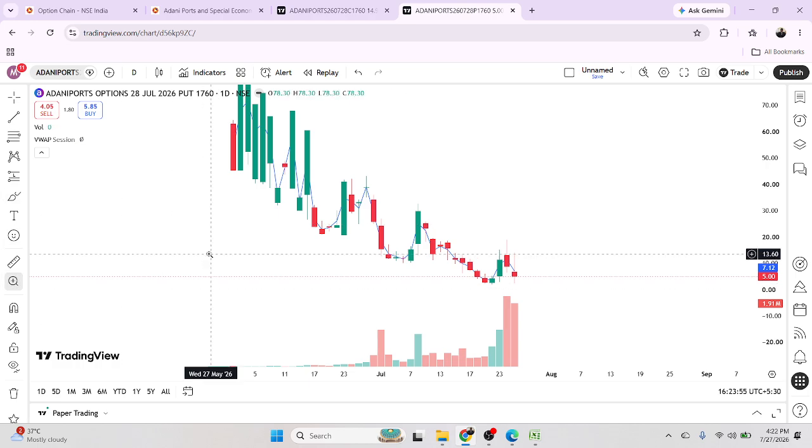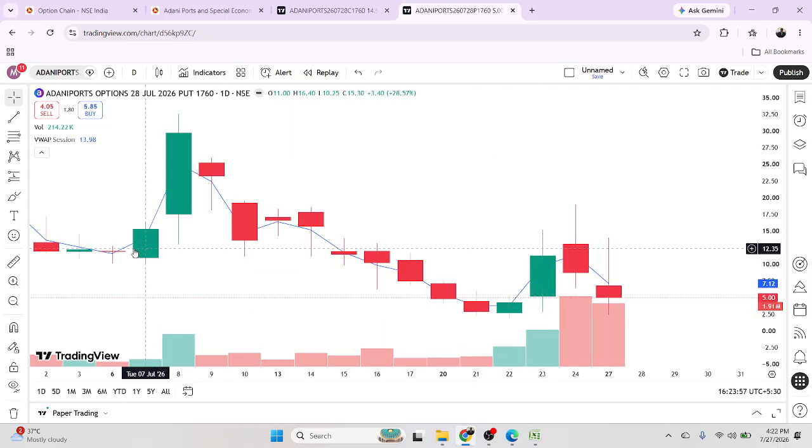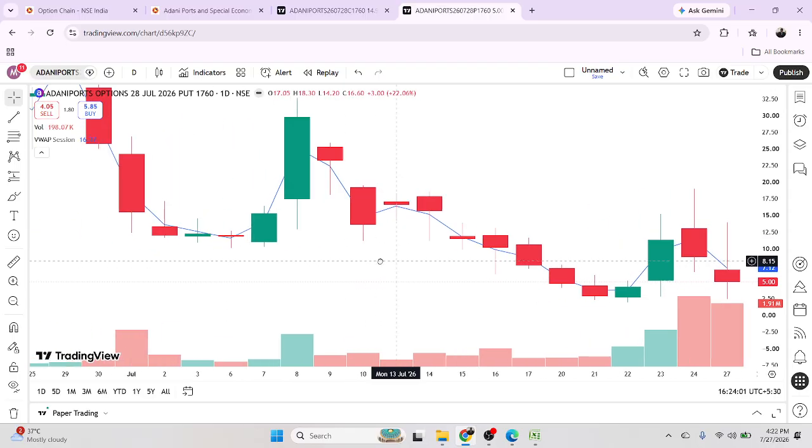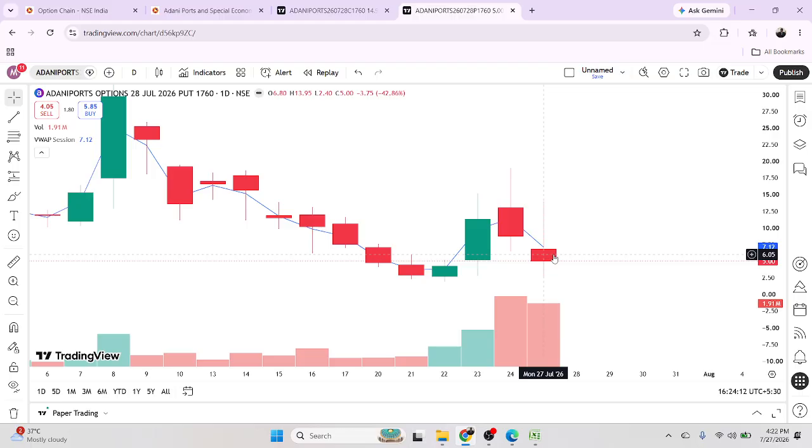So you can see, if you have made this strategy, the put value at the starting of the month was around 12, and on the same date, 1st July, the value was around 17 rupees. And on the day close to the expiry, it is close to 5, and yesterday it was around 3 rupees or 5 rupees.